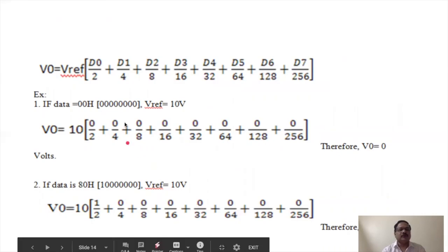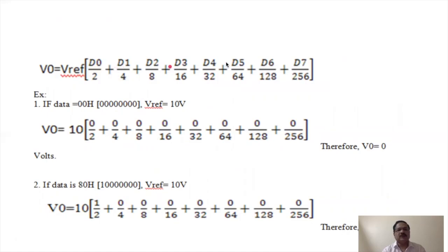V out equals V reference into the digital D0 to D7 input bits: D0 by 2, then D1 by 4, D2 by 8, D3 by 16, D4 by 32, D5 by 64, D6 by 128, and D7 by 256. Summation of all this into V reference voltage.